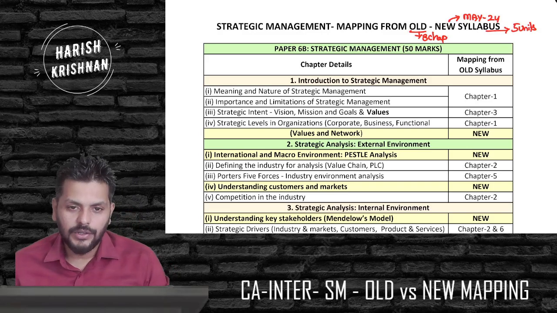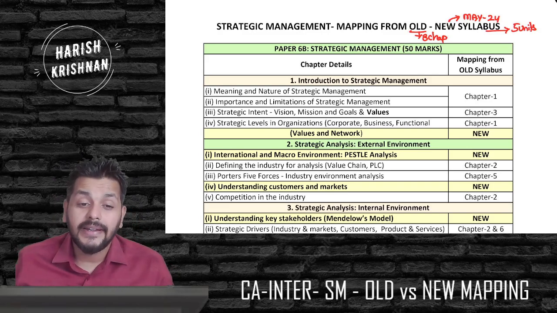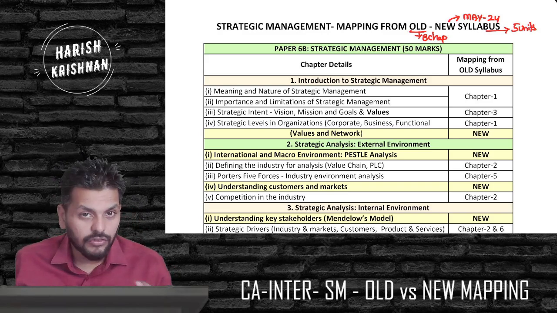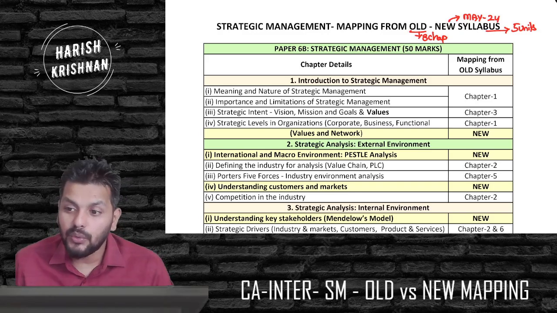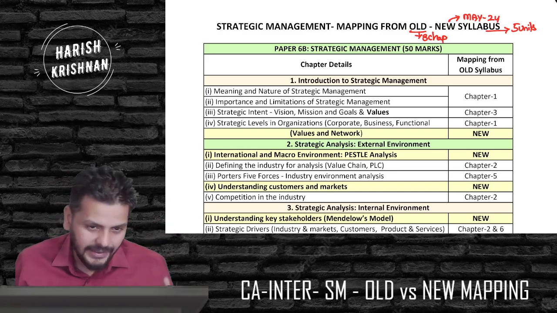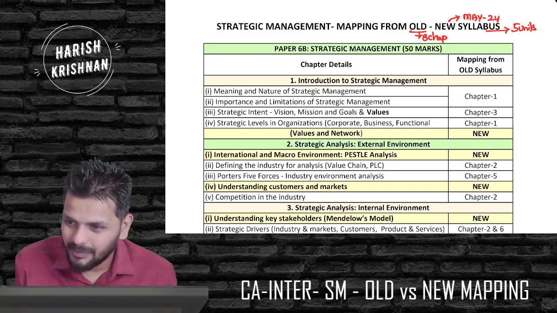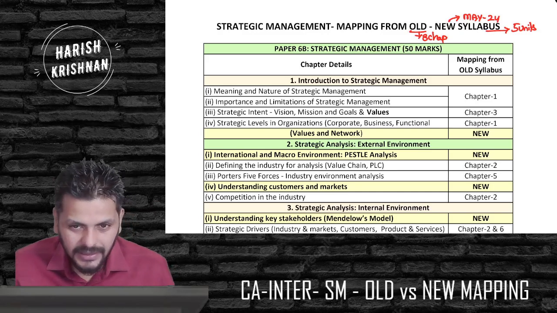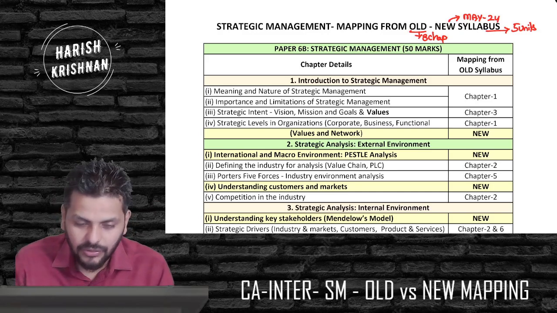What you need to understand is that to the extent of 85%, the content has been drawn from the old one only. But a few new topics have been added. Some topics have also been deleted. I will not talk about what has been deleted. I will not do the detailing, because the focus now is on the new syllabus.